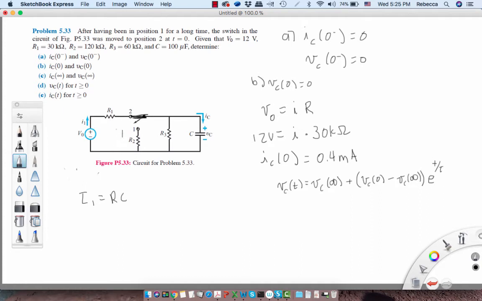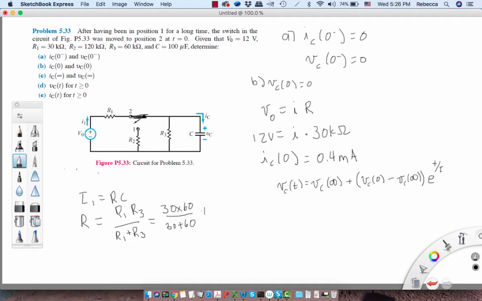Our resistance, since we just have two resistors, we can use product over sum: R1 R3 over R1 plus R3, which is 30 times 60 kiloohms over 30 plus 60 kiloohms, and that will be times our capacitance. Oh, well, we won't do that yet.